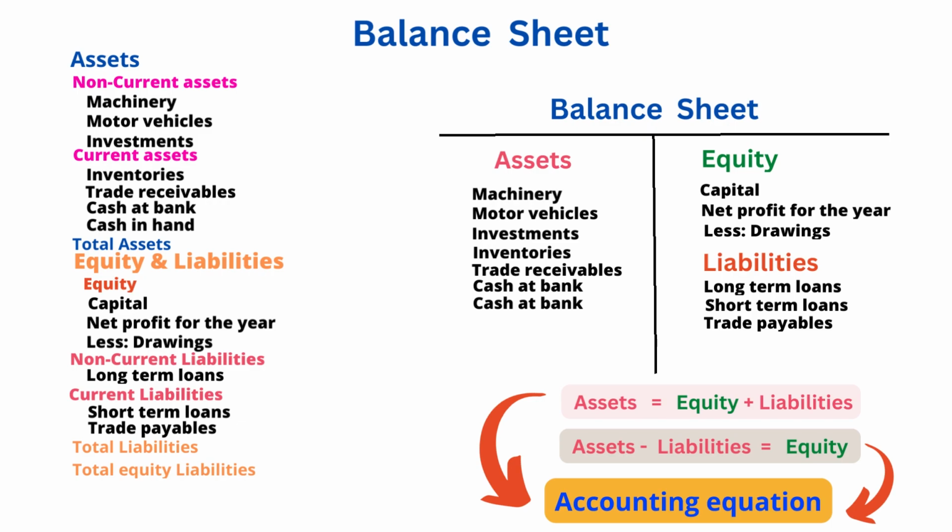The balance sheet equation is assets equal equity plus liabilities. This means that everything the company owns, assets, is financed either by borrowing money, liabilities, or by using money provided by the owner of the company, equity.